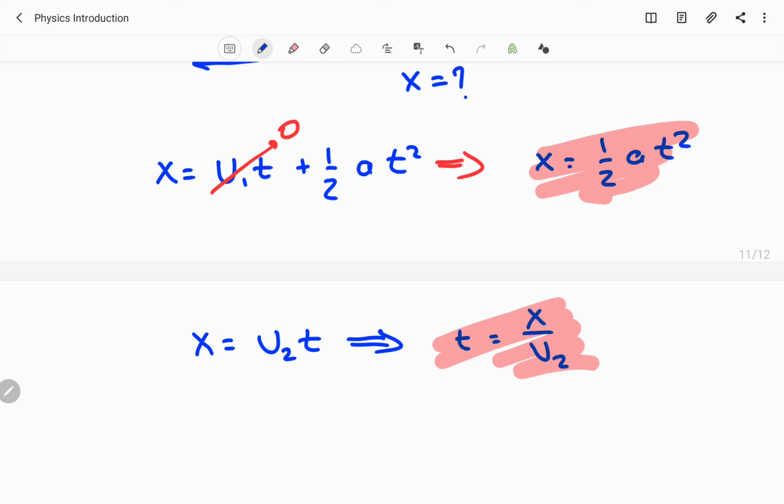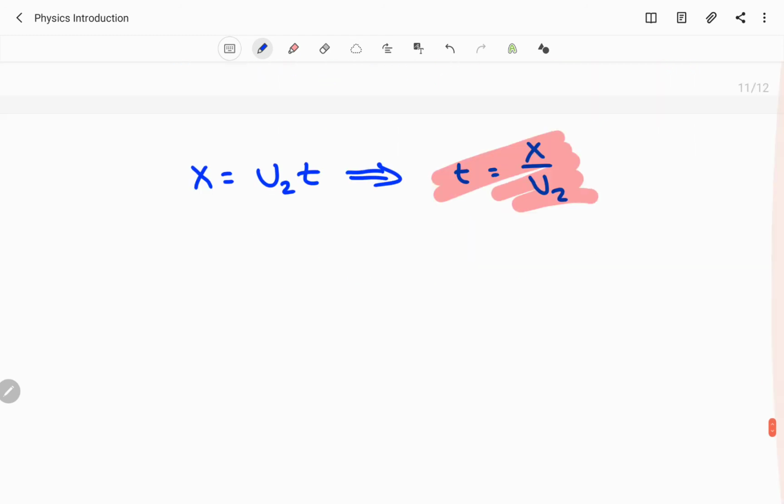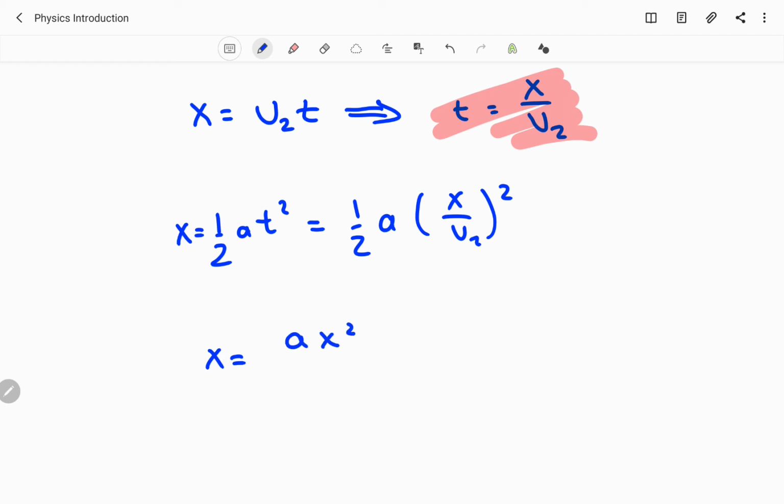So what we will do, I will take time from the second equation and substitute it into the first equation. So we know that x equals 1 over 2 a t squared. So t is equal to x over v2. That's all. So let's continue. x equals a x squared over 2 v2 squared.